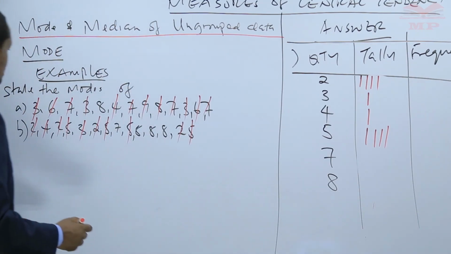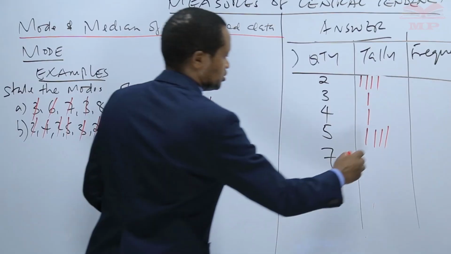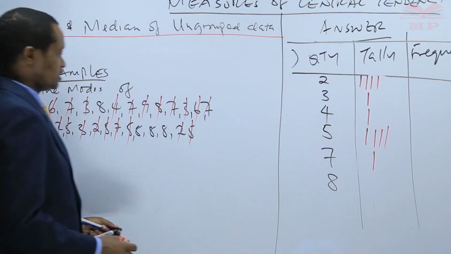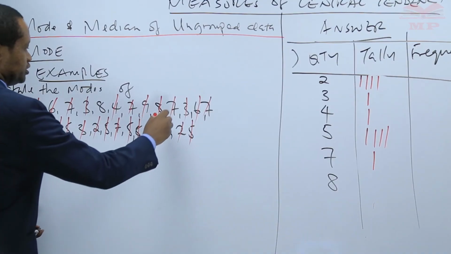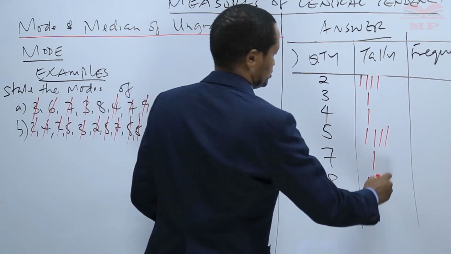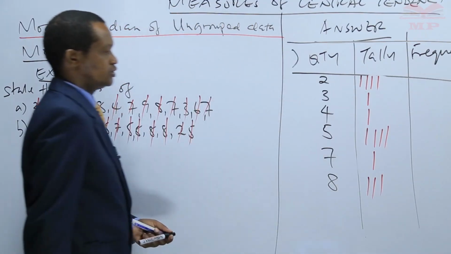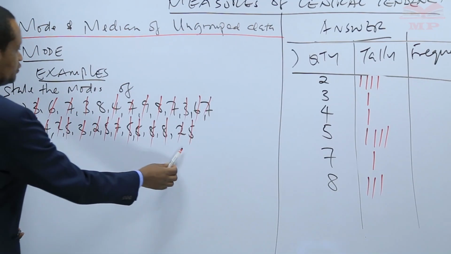Then 7 appears only once. Then learners, how about 8? You have 1, 2, 3.